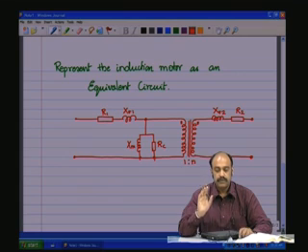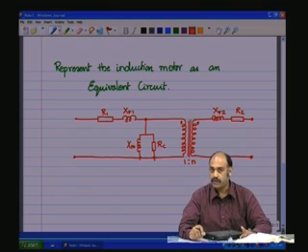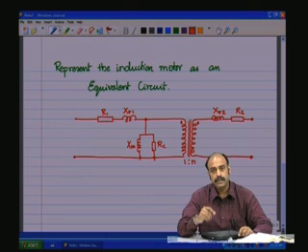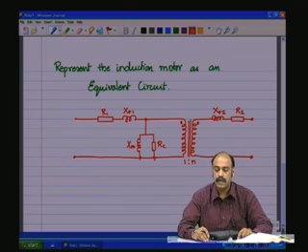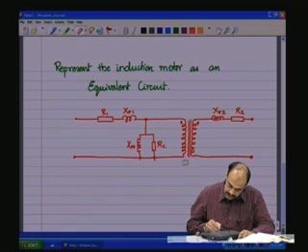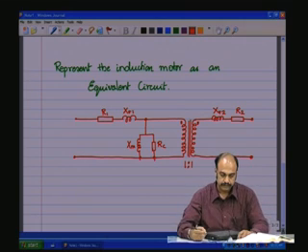The frequency of the rotor Fr is S times the frequency of the stator. So under standstill, S is equal to 1. As S is equal to 1, the frequency of the rotor is also the same as that of the stator. Let us further make this ratio 1:1.